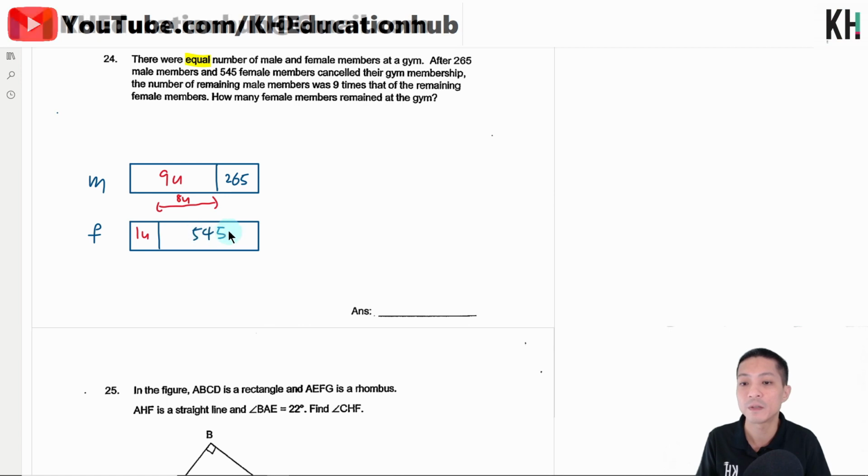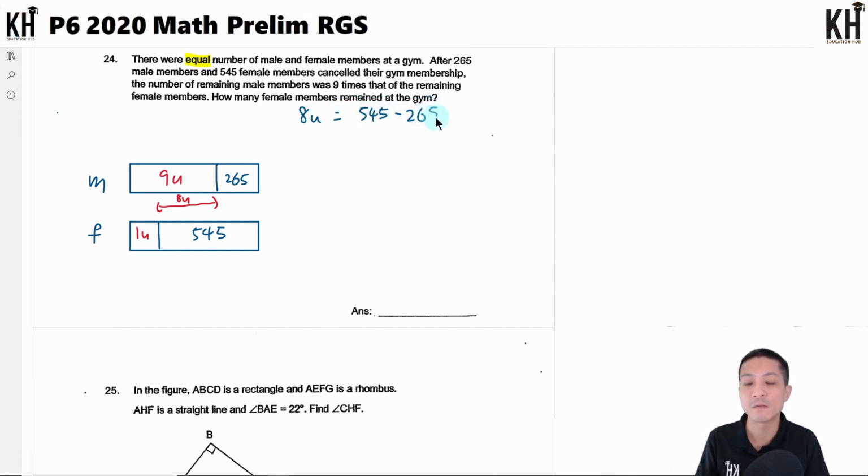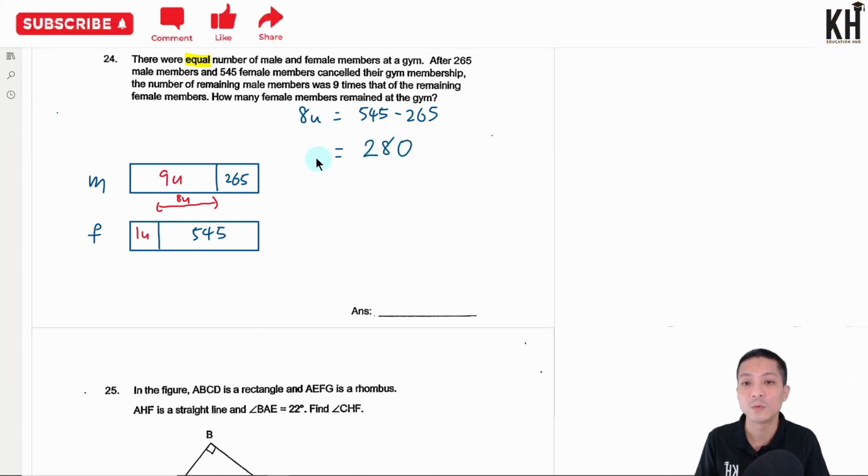8 units is the 545 minus the 265. Okay, so 545 minus 265 will be equal to 280.